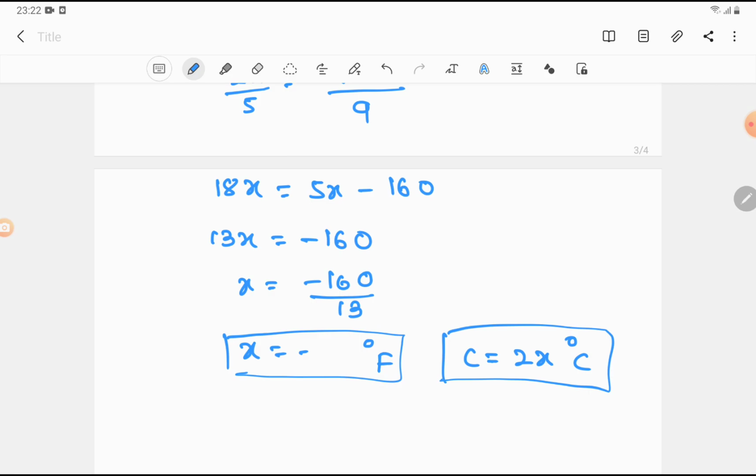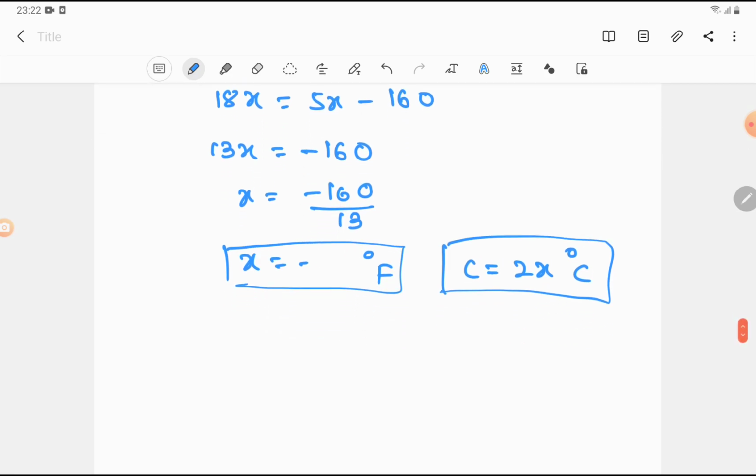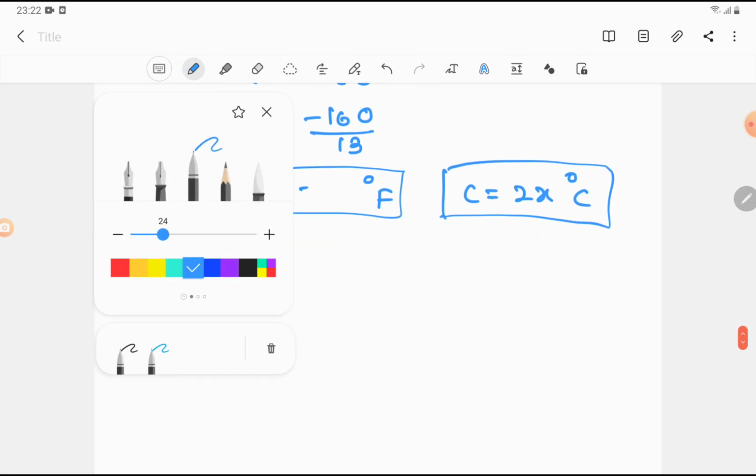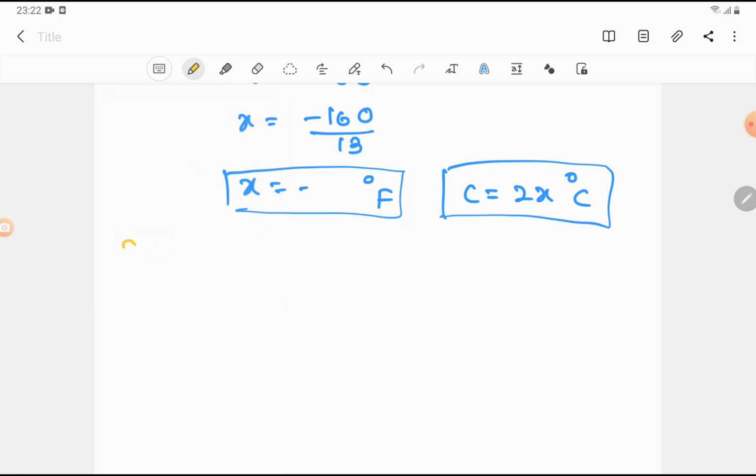Then suppose the question is reversed. Suppose my C is equal to x and F is equal to 2x.